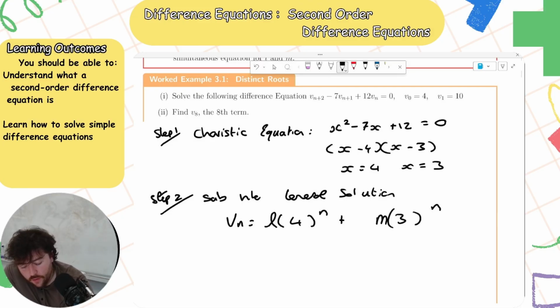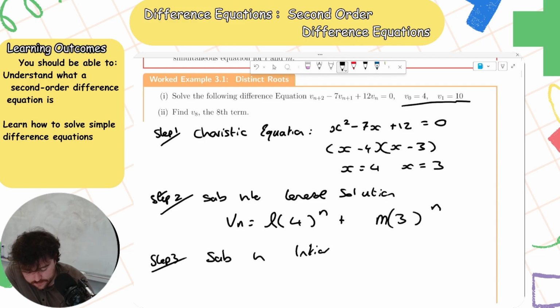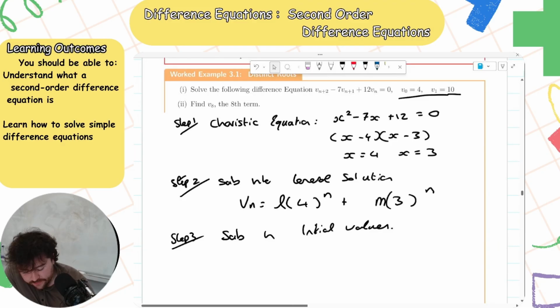Okay, now I use my two initial values. So step 3: sub in initial values. V0 equals 4 and V1 equals 10.